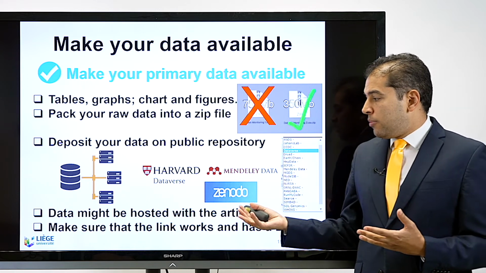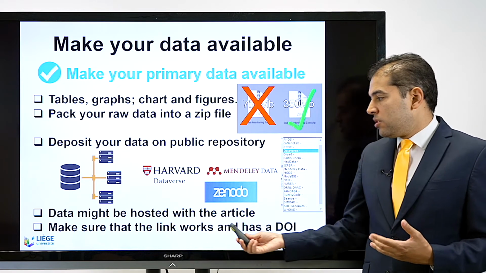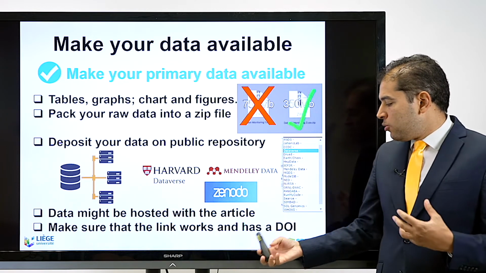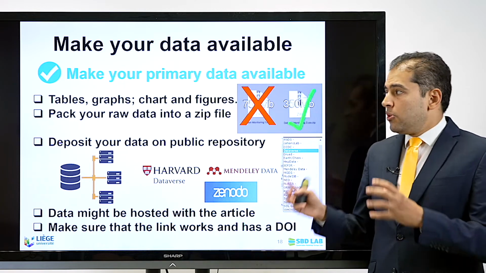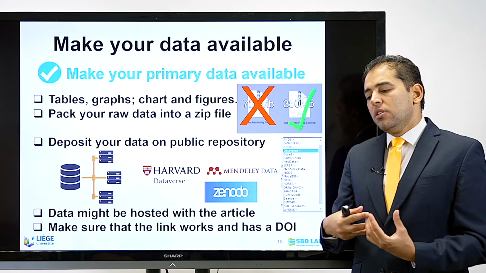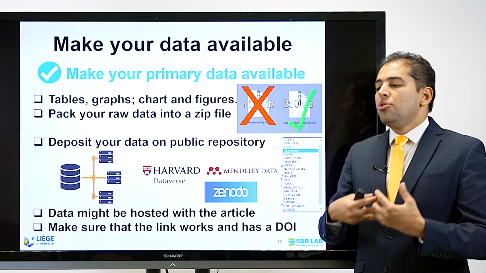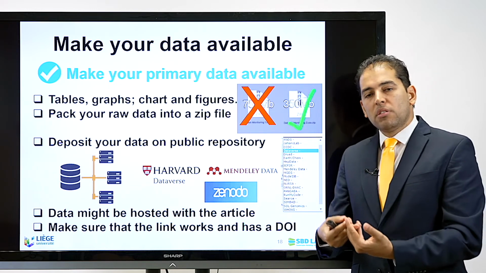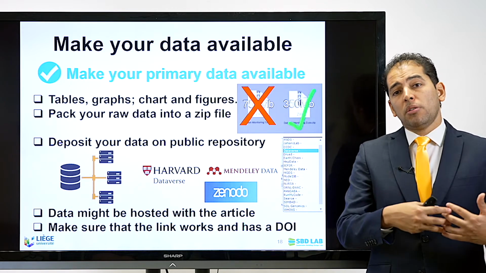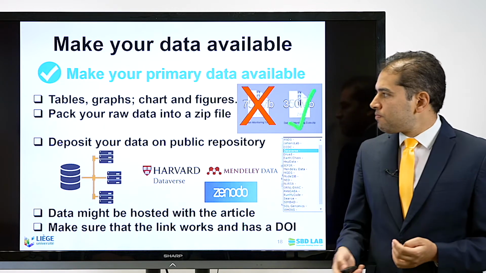And once it is published there, data might be hosted then with the article, and you can make sure that the link works and it has a DOI. Because once you publish your data set on the repository, you now can share it as part of your research article, the full research article, or as part of your data article.